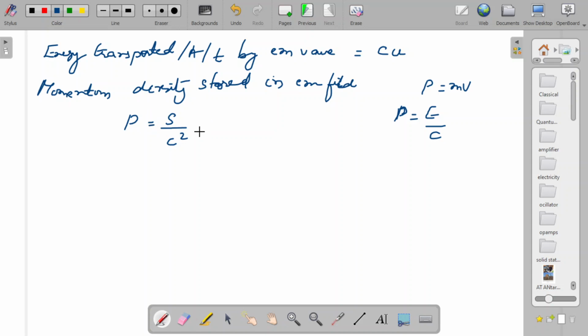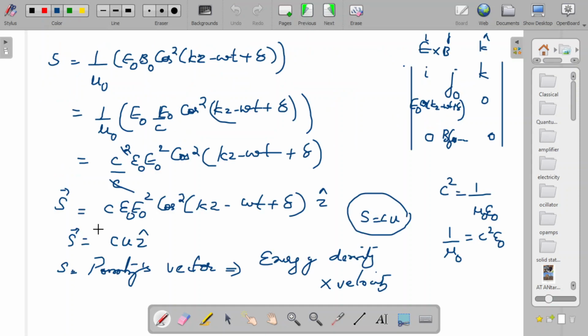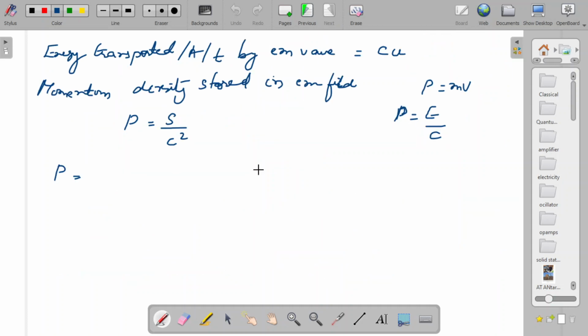Now for a monochromatic plane wave, as we have already derived, S is equal to C epsilon 0 E0 square. I can substitute the whole thing here. So I can write it as 1 by C square, then S is C epsilon 0 E0 square into cos square kz minus omega t plus delta into z.